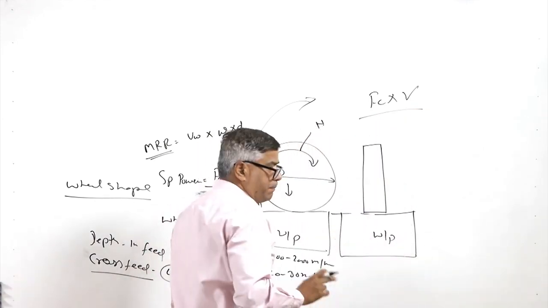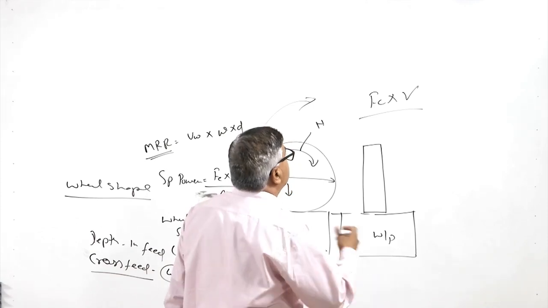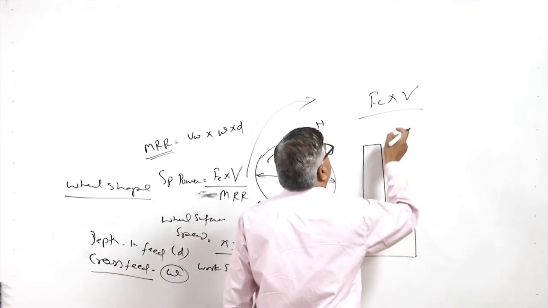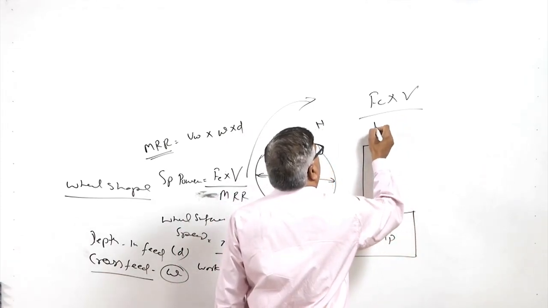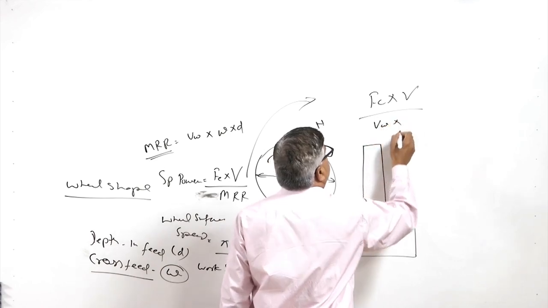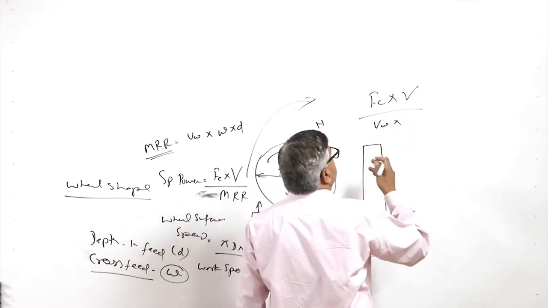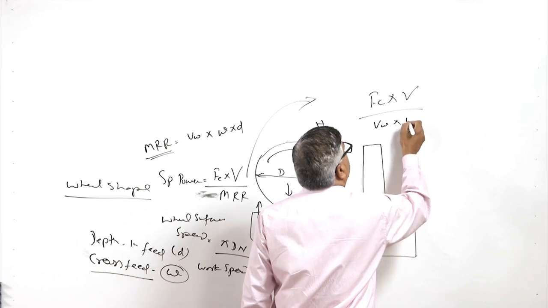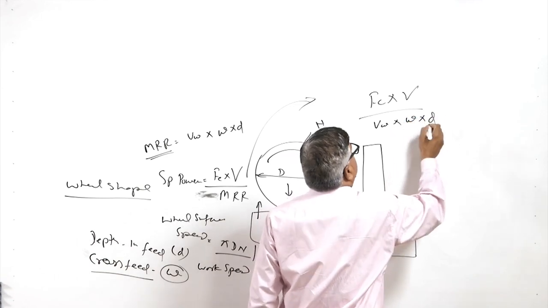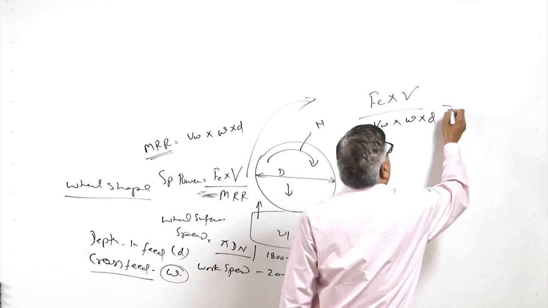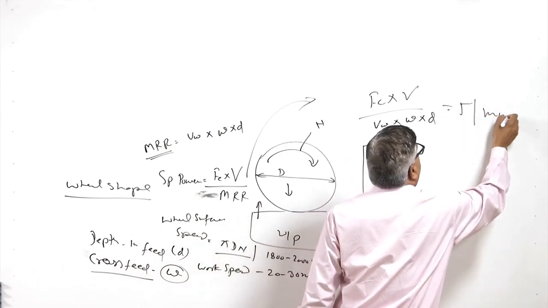V is basically pi D N, the rotational speed and the wheel diameter, and v is the speed at which the workpiece engages with the wheel, and W is the width of cut and D is the depth of cut. So, this is what will be giving us the joule per mm cube.